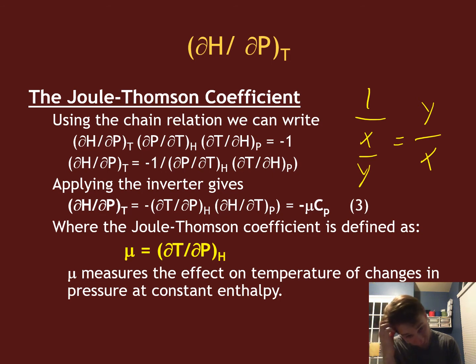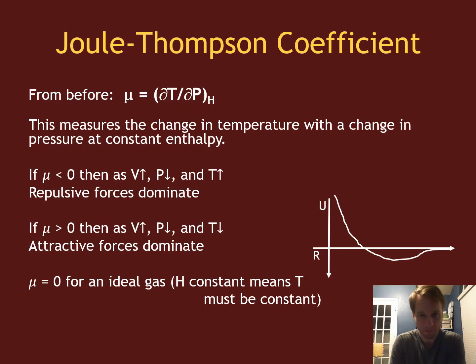Then we notice del H del T at constant pressure is just Cp, and del T del P at constant enthalpy is this mu here, which we define as the Joule-Thomson coefficient. This measures how temperature changes with the change in pressure under constant enthalpy.